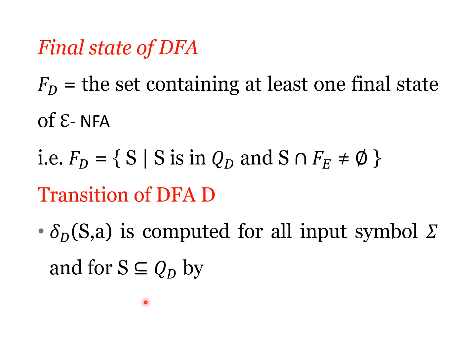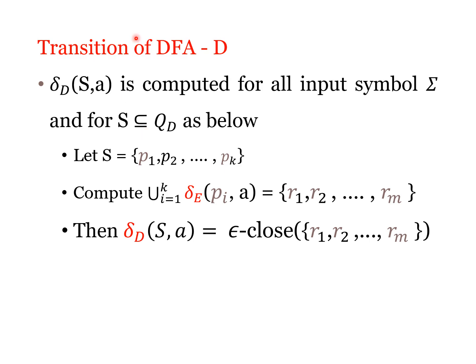So what about the transitions of DFA? The transitions of DFA have to be computed from the transitions of the NFA. For all input symbols present in sigma and for all the states that belong to the states of the DFA, we are going to construct the transition as follows.